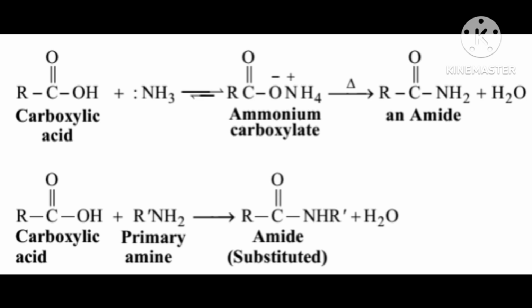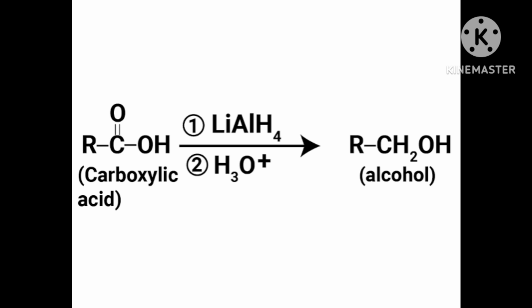Quickly you can understand that here 2 molecules of ammonia are required. Then the same thing will happen, that 2 molecules of water will go. NH3 is there, or in a direct way you can understand that OH of COOH is there, then 1 H from the NH3 will make water with OH minus and H plus.